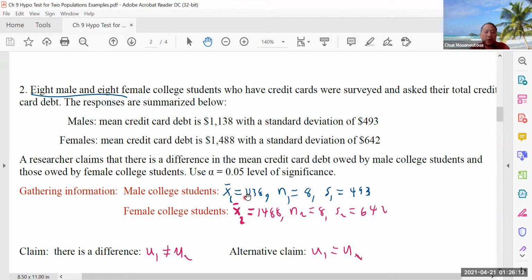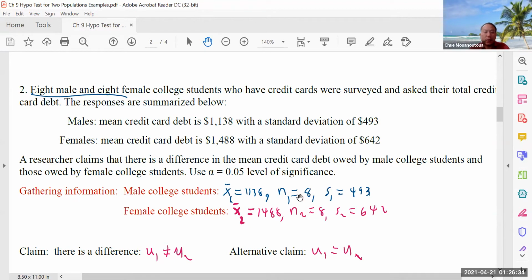So X bar 1 is 1138. We're told that the mean credit card debt is 1138, and also told that there are 8 females and 8 males. So N1 is 8 and N2 is also 8.